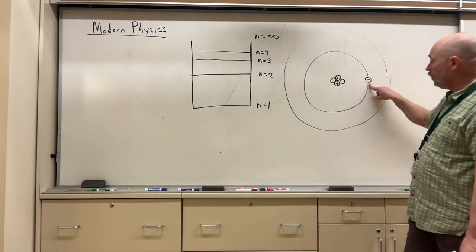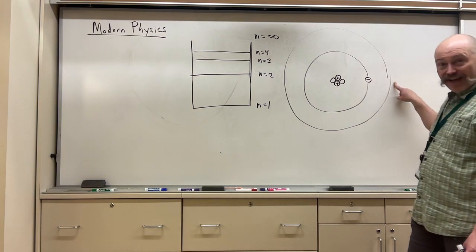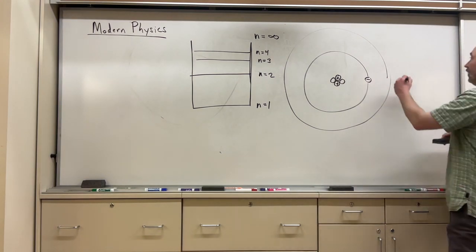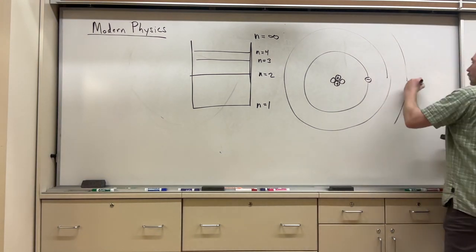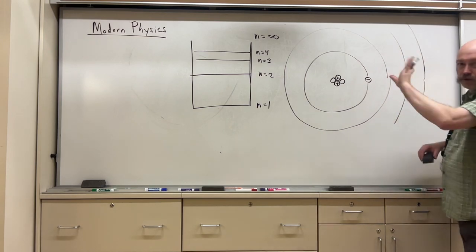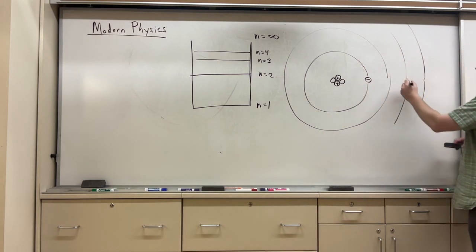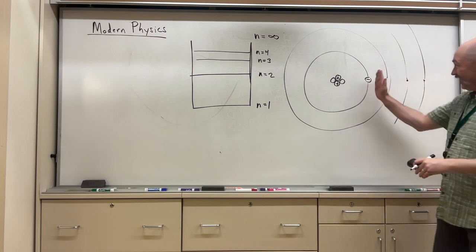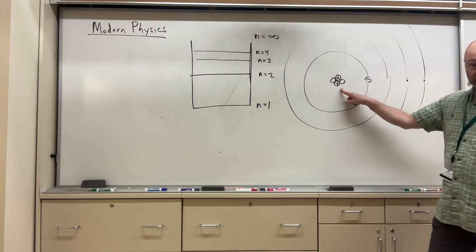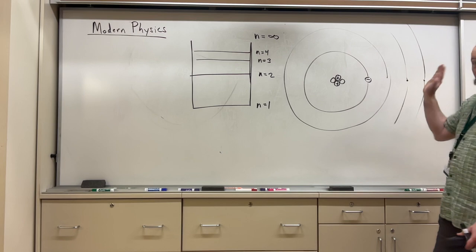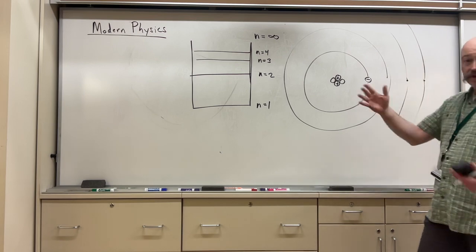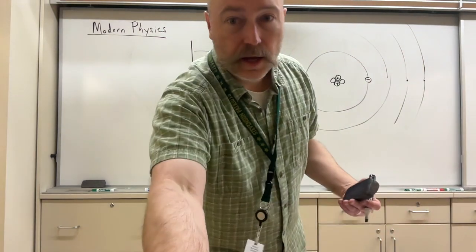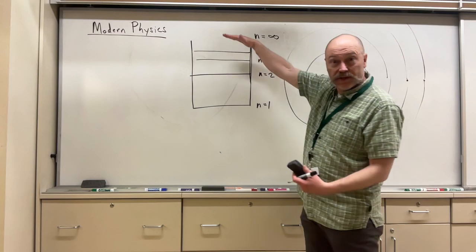To go from here to here takes more energy than going from here to here. Why? Because here to here, it's closer to the positive charge, and here to here, you're farther from the positive charge. So the energy levels need to get closer as they go further apart.